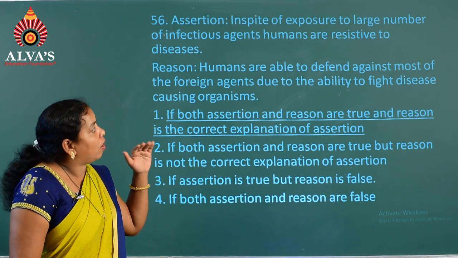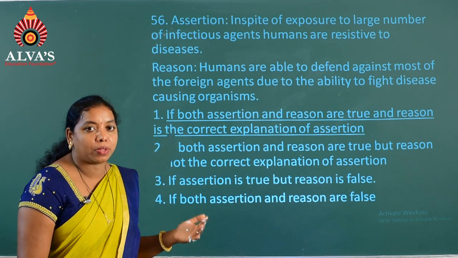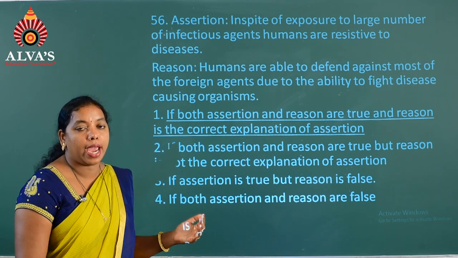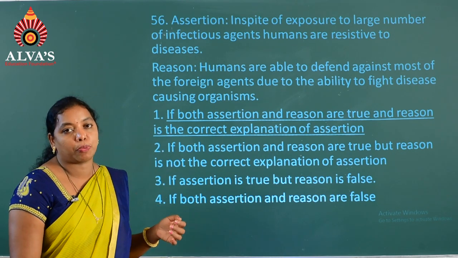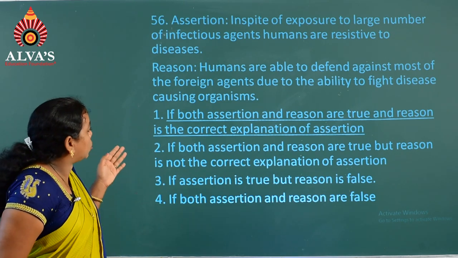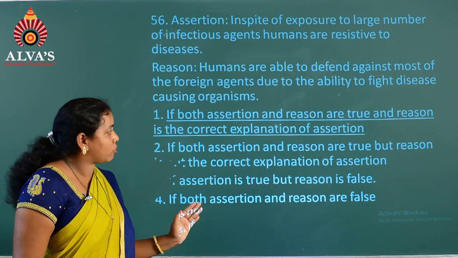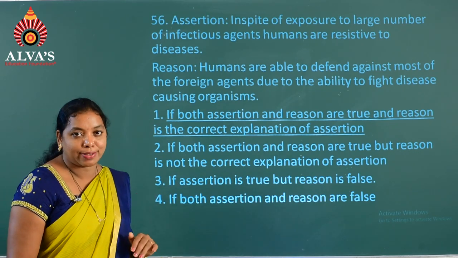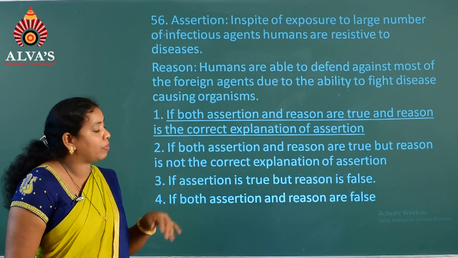Whenever our body is exposed to different types of antigens, our immune system becomes strong and can develop immune responses against certain disease causing agents. So if you consider the options, the first one, both assertion and reason are true, and the reason is the correct explanation for the assertion. So the first one is correct for this question.